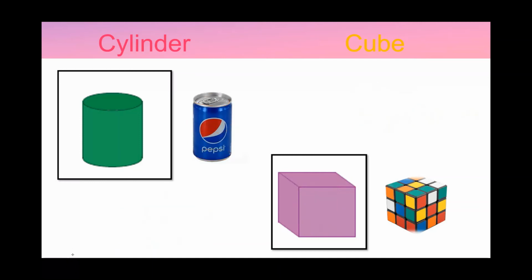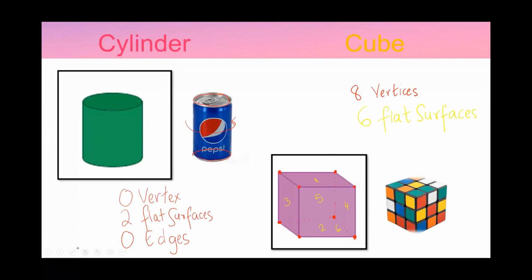And how many edges do we have here? Now we have to count the lines over here. So 1, 2, 3, 4, 5, 6, 7, 8, 9, 10, 11, 12. 12 edges.